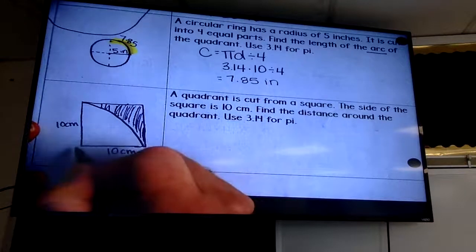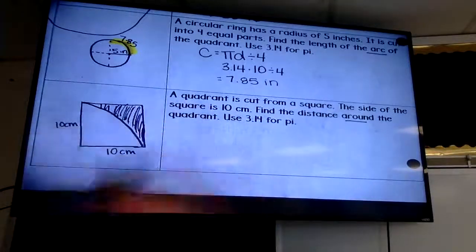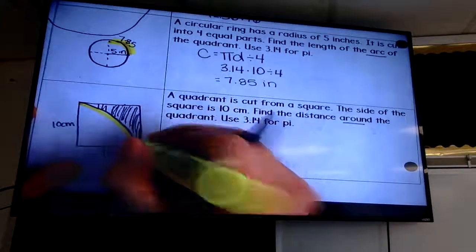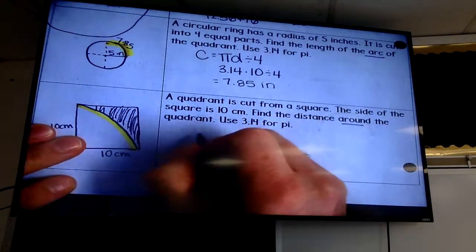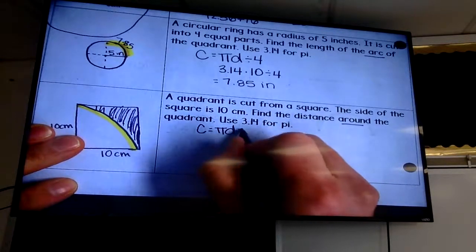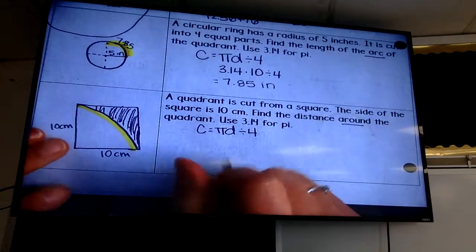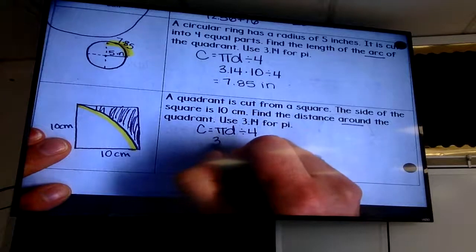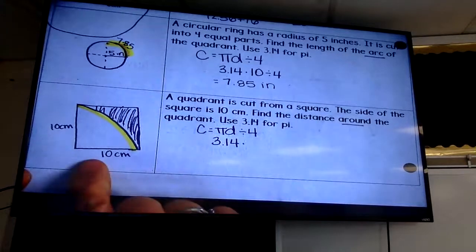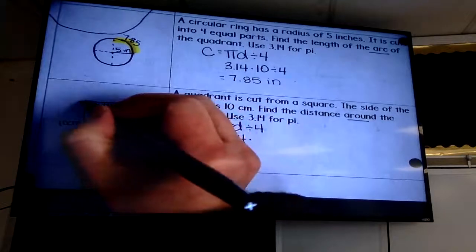I want to know the distance around, all the way around. It says around the quadrant. Okay, so let's find this arc portion first. I always start with the arc portion. So I'm going to say, all right, I'm going to use my circumference formula, pi times diameter, except because it's talking about a quadrant, and I know there's 4 quadrants in a whole circle, I'm going to divide by 4. I'm going to use 3.14, so 3.14 times the diameter. Okay, when I look at this 10, that 10 does not refer to the diameter.